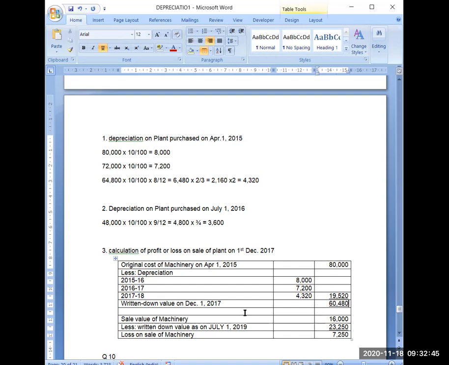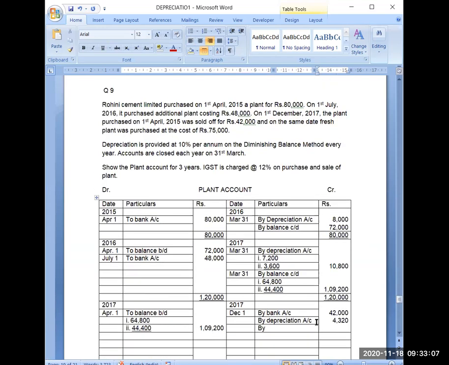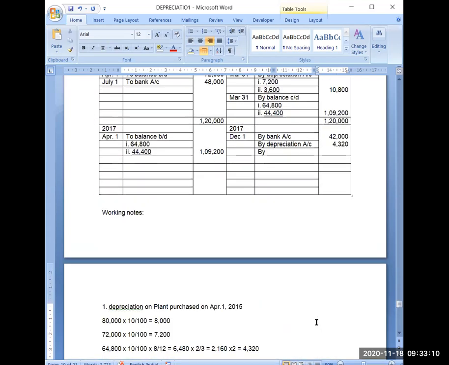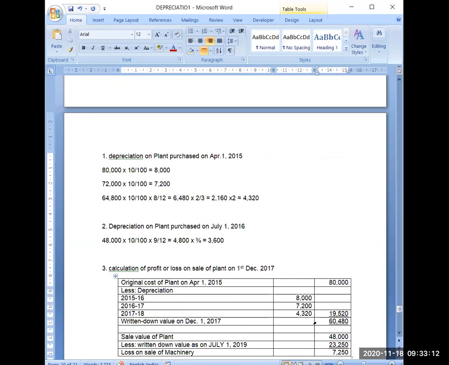Now the sale value of plant. We will use the word plant. So sale value is 42,000.